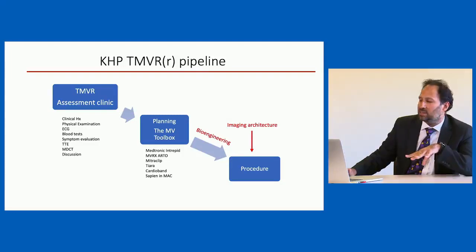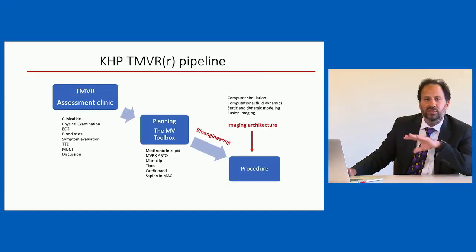And it is our practice to incorporate bioengineering and also imaging architecture into our patient pathway. And on some of the previous slides, you've seen our computer simulation, our computational fluid dynamics, static and dynamic modeling, and also the incorporation of CT fluoroimaging using the GE Valve Assist platform.